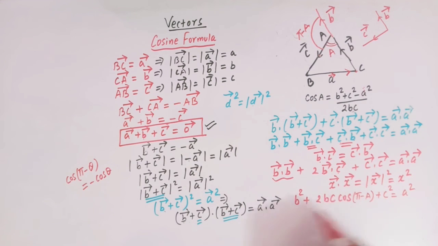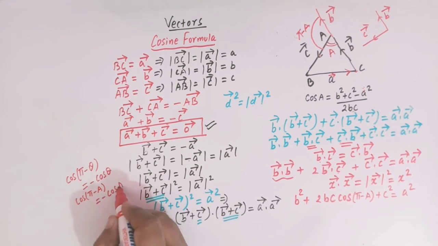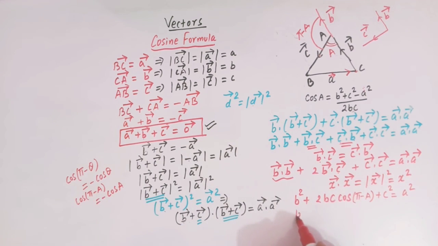So cos(pi minus a) is equal to minus cos a. So we have b square minus 2bc cos a plus c square equal to a square.